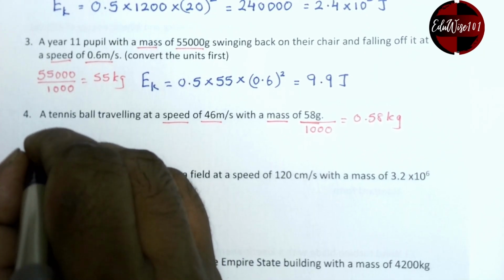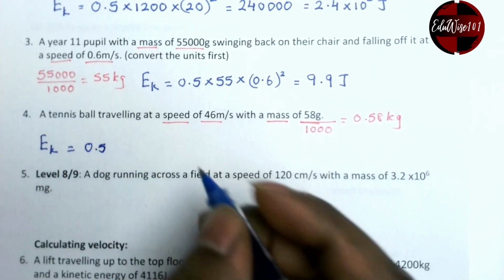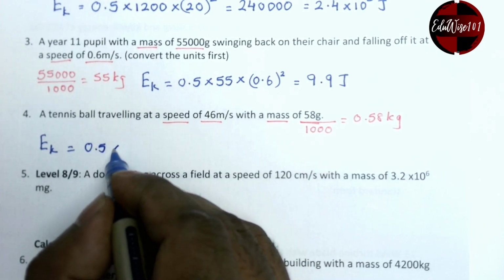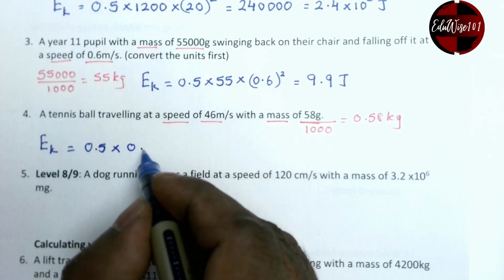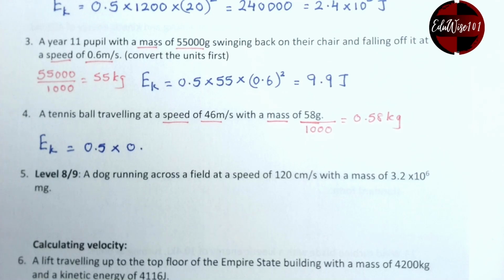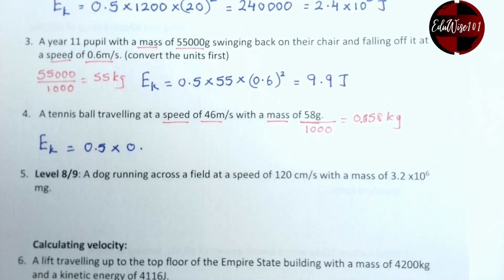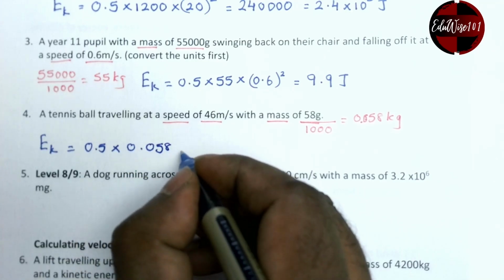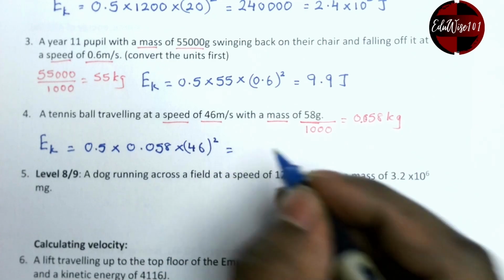So EK equals 0.5 times 0.058 kilogram multiplied by 46 squared.